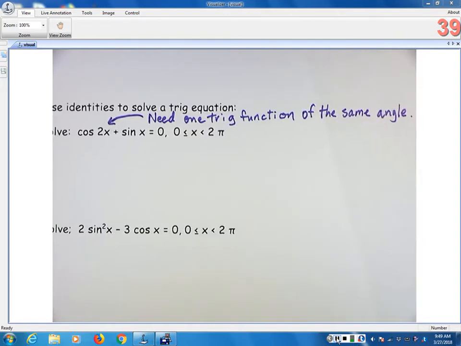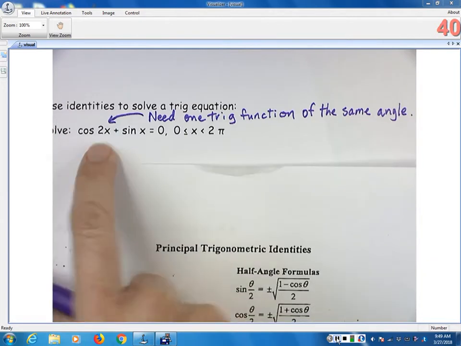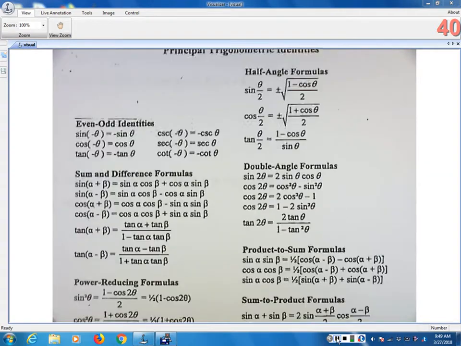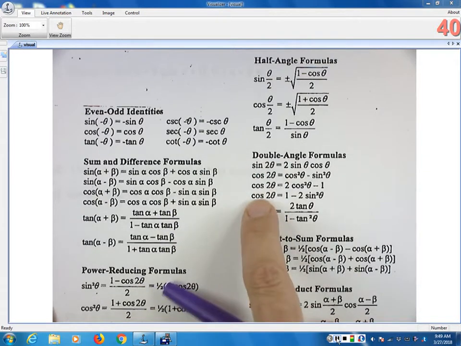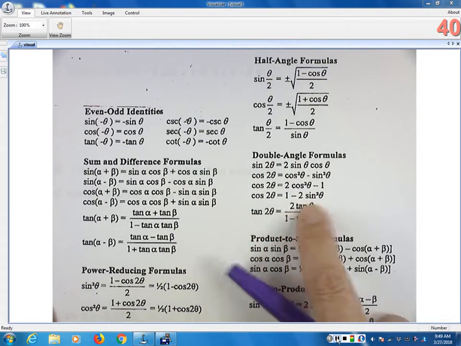Okay, so we're going to look at our identities paper and say, what can I replace cosine 2x with to get it in terms of sine x? You see? 1 minus 2 sine squared. Yes, there we go. Cosine 2 theta equals 1 minus 2 sine squared theta.